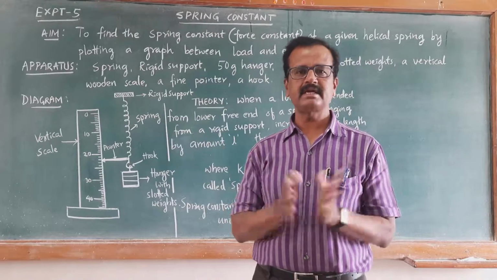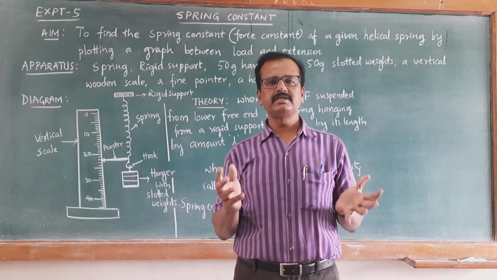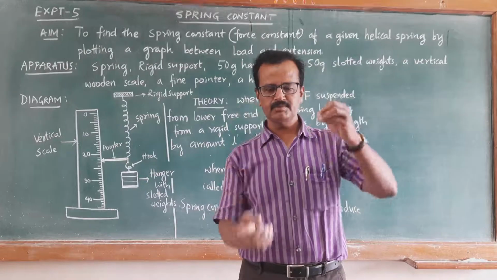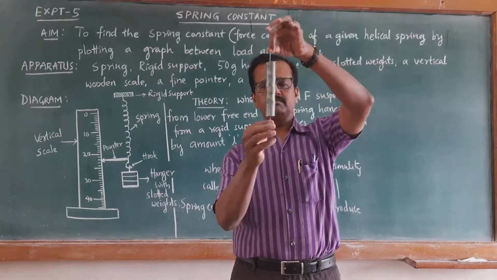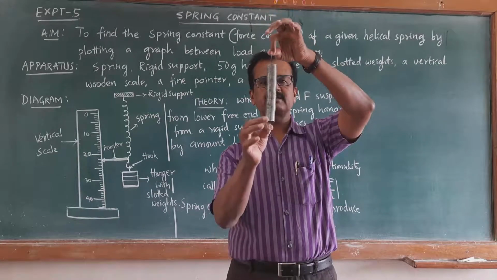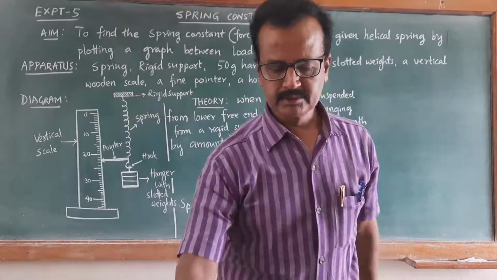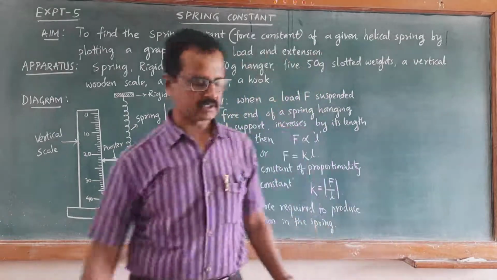From that straight line graph, we conclude that the extension in the spring is directly proportional to the load. More the load, more the extension. Less the load, less is the extension. This is what we are going to verify. And using this graph, we are going to find out the spring constant.